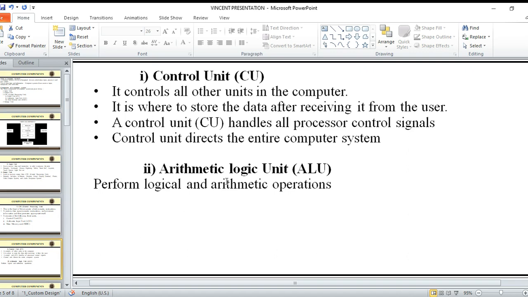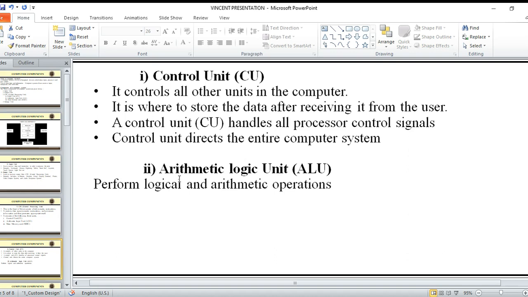All those are under the control of the CU. Another one is it is where to store data after receiving it. Then another function is it directs the entire computer system. It also handles all the processor control signals.